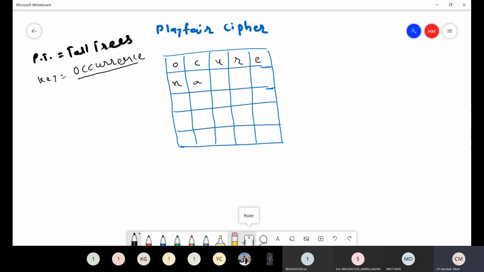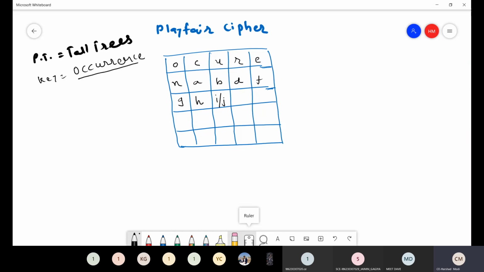So A is remaining, B is remaining, C is already there, so directly D, E is there, so F, next is G, H. Now we have to remember this thing: whenever I comes, J also shares the same cell of the key matrix.